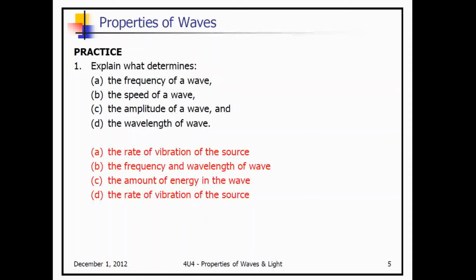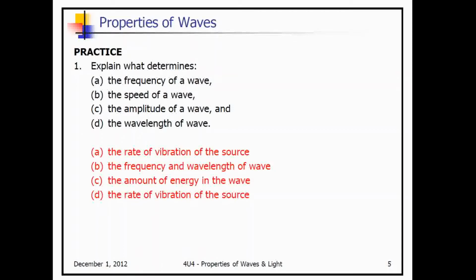The speed of the wave is determined by the frequency and the wavelength of the wave. Our frequency is determined by that rate of vibration, and the wavelength, depending on how a source is developed, or even what medium it travels through, will have a certain wavelength. The product of those two values gives us the velocity or the speed of the wave.